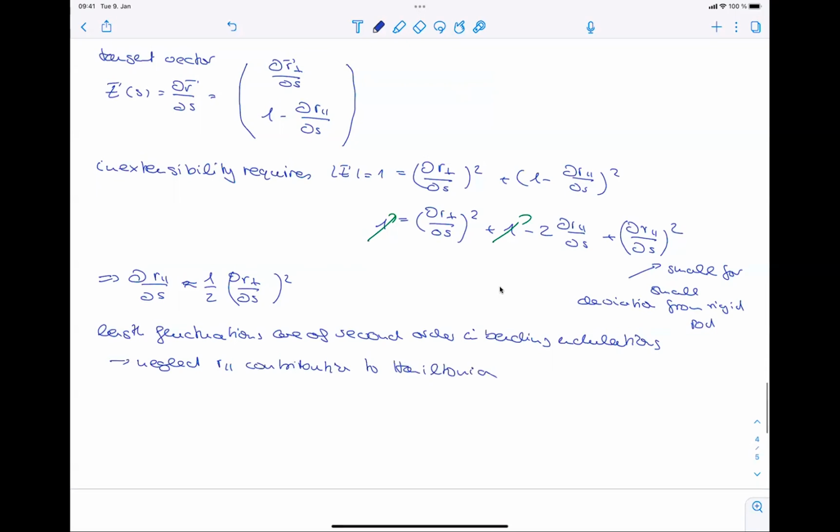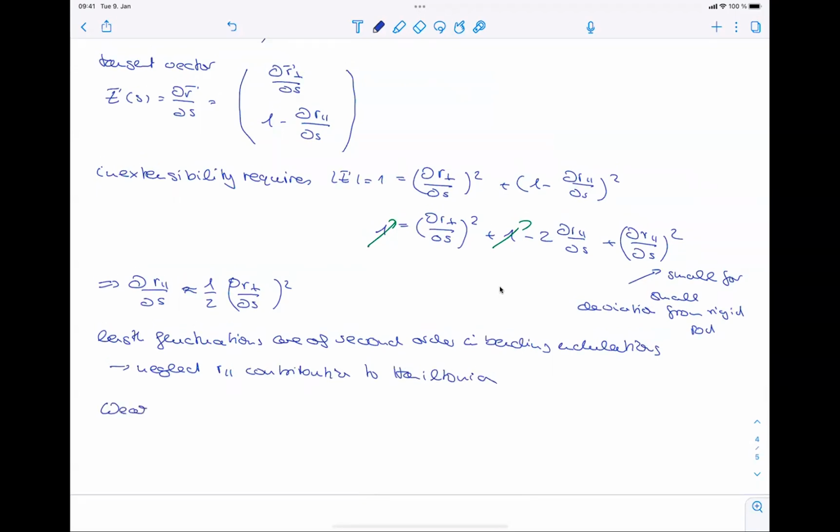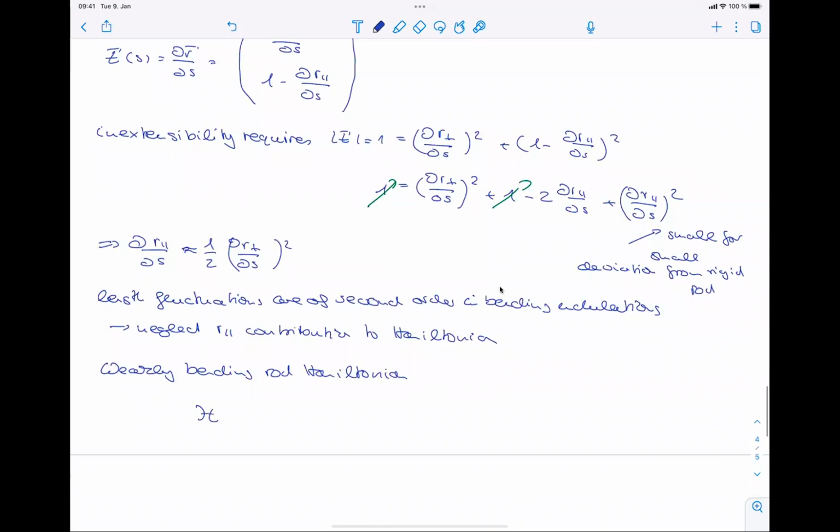And the so-called weakly bending rod Hamiltonian becomes kappa over 2 integral from 0 to L ds, and then here we have a d squared r undulation second order derivative term.